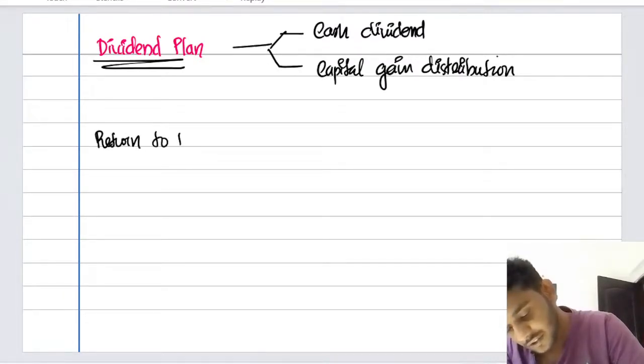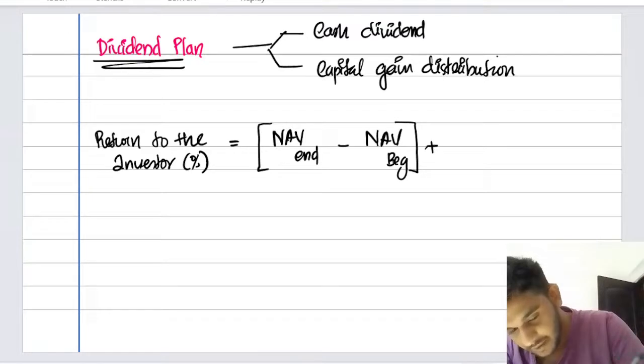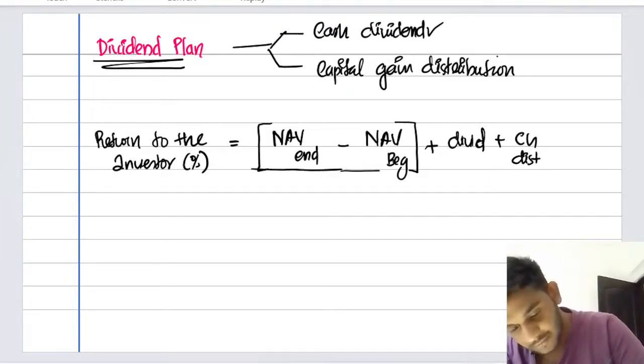Return to the investor, in percentage, will be NAV at the end, minus NAV at the beginning, plus the cash dividend, plus the capital gain distribution, divided by NAV at the beginning, into 100.